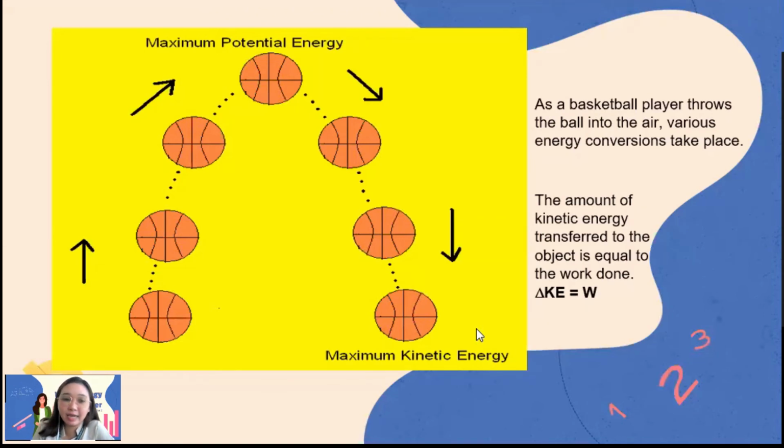So, dito, may example tayo, tinuro natin yung ball. Okay, at what point tayo magkakaroon ng maximum potential energy and maximum kinetic energy? Okay, yung maximum potential energy is makukuha mo in the peak of your projectile. Kunwari, nagkaroon tayo ng projectile. So, yung maximum potential energy, it is the highest value kapag nasa peak. Bakit po meron tayong highest value kapag nasa peak?